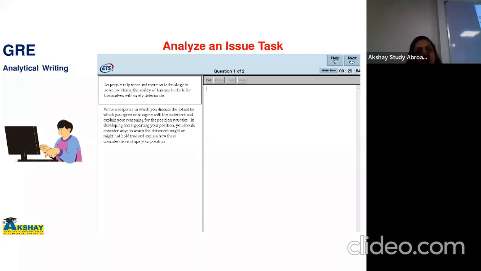Okay, so you can see that this is a simple notepad. ETS software doesn't support features like word count, auto spelling, grammar check, spell check, nothing like that. Okay, so you have a hard time typing your essay. Understood? So that's how your issue task screen looks like.